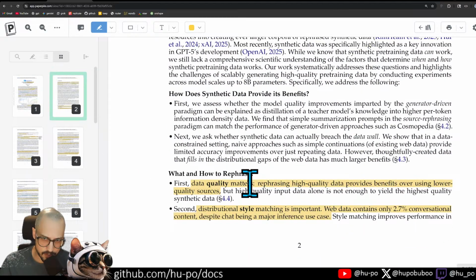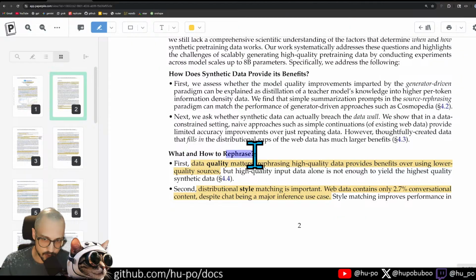And you're going to see that one of the big ones they do here is rephrasing, where they take some existing, what they call seed data, which is the original blog post about, I don't know, bears, or a blog post about dinosaurs, and then try to rephrase it into maybe a conversation.